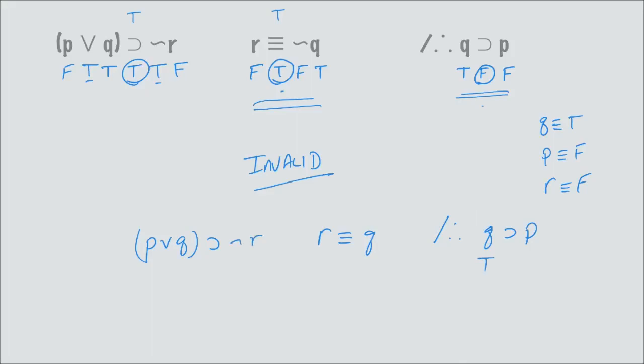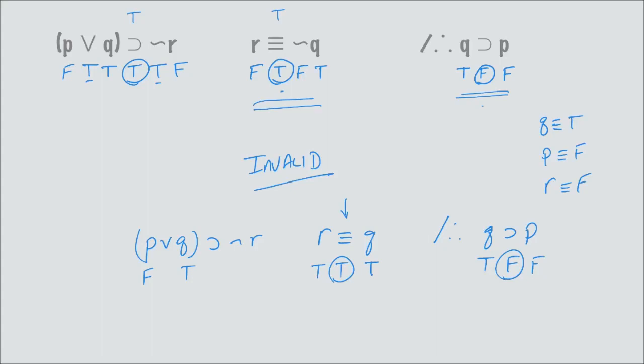Now the P and Q remain the same, right? I still need Q to be true, P to be false. I transfer those values over. So Q is true over here. Q is true, P is false. Now again, if I go to the biconditional here, and I say, well, if Q is true, then R must be true in order to make this true. So I've made one of the premises true.